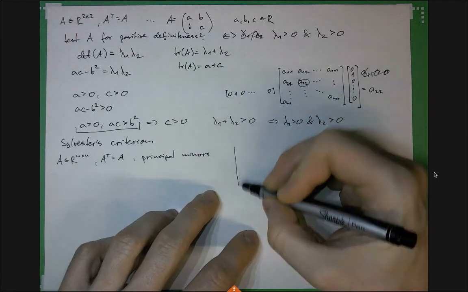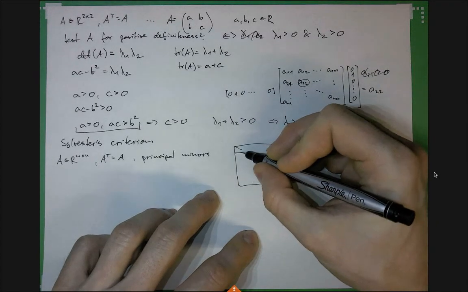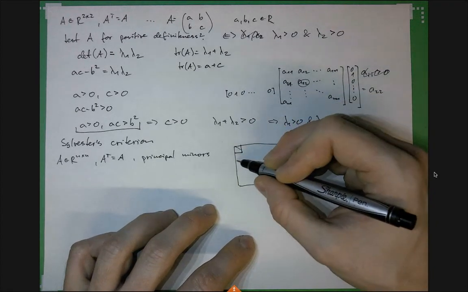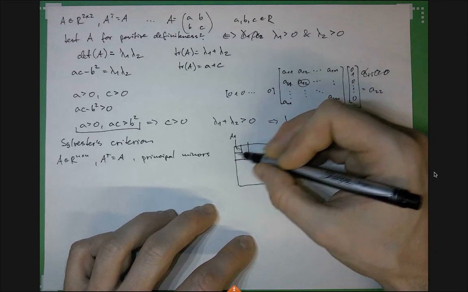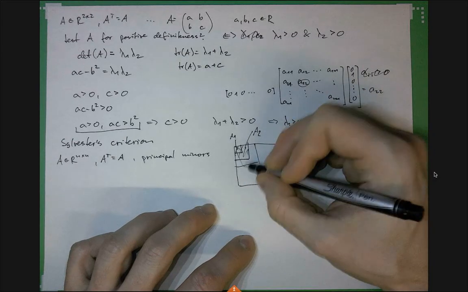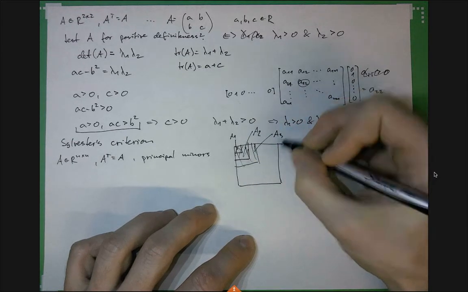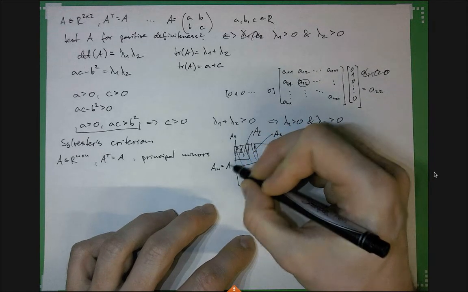That simply means that if I have the matrix like this, I take the 1 by 1 top left submatrix, which would be called A1. This entire thing would be called A2. There would be another one called A3. And so on until the whole matrix would be A_n equals A, this entire thing.